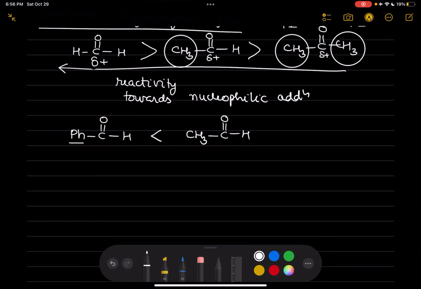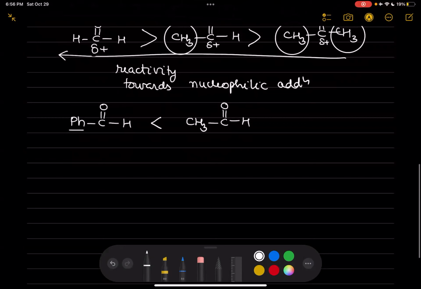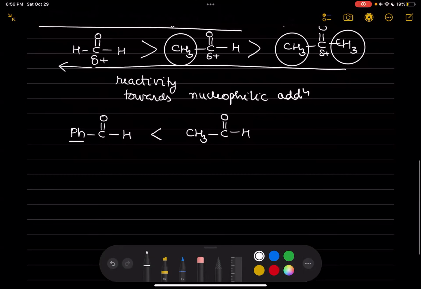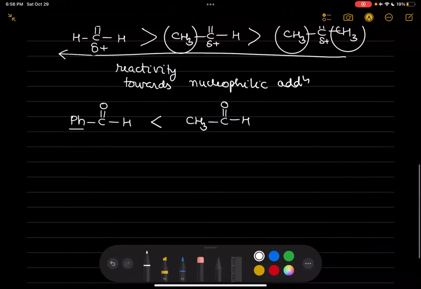So I hope this is clear to you, right? Now do some questions. So aliphatic aldehydes are more reactive than aromatic ones. Okay.